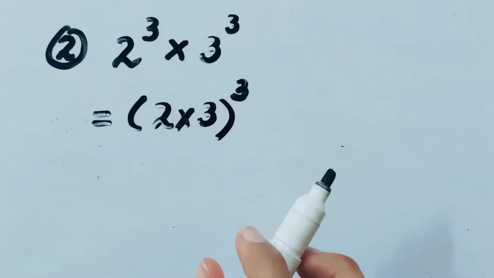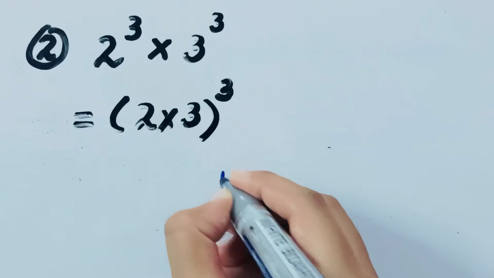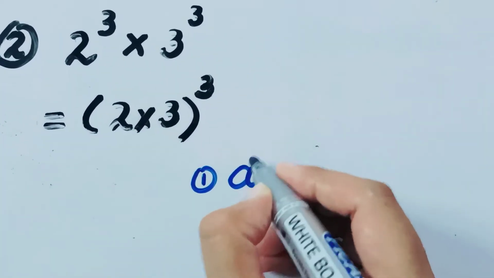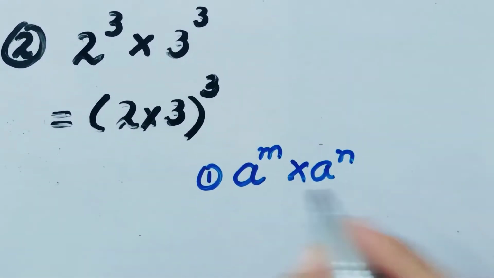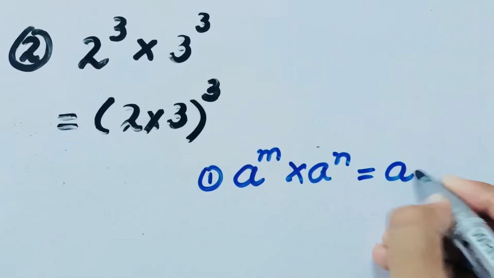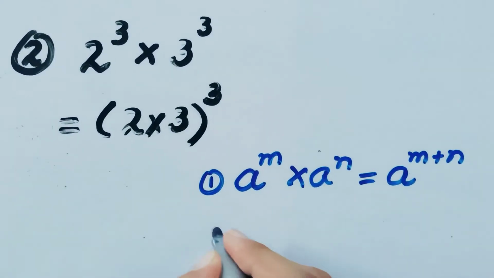So these are our exponent laws. The first law that we have discussed has the general form a raised to power m multiplied by a raised to power n. If our bases are the same, then we will simply write the base one time and we will add our exponents.